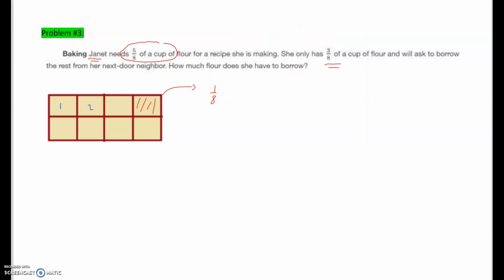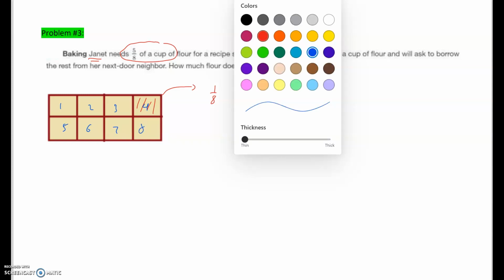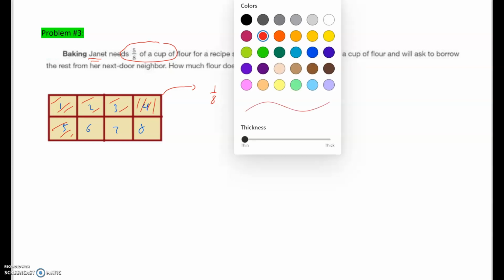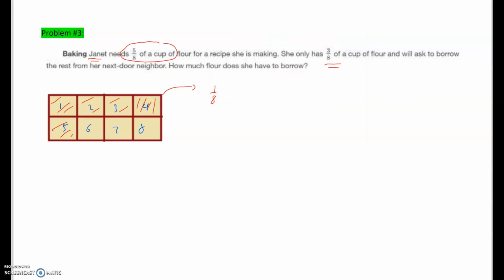So this is going to be 1, 2, 3, 4, 5, 6, 7, and 8. Now, the recipe only requires 5. So technically, it'll require 5 8ths. And then in this scenario, Janet only has 3. I'm just going to put vertical bars, only has 3. So she's going to need these 2.